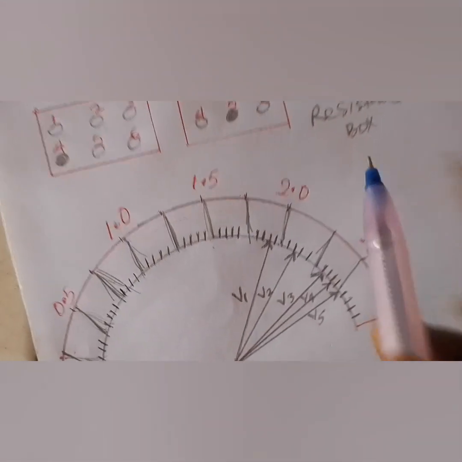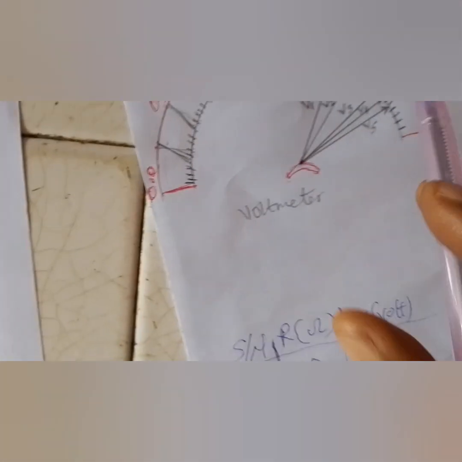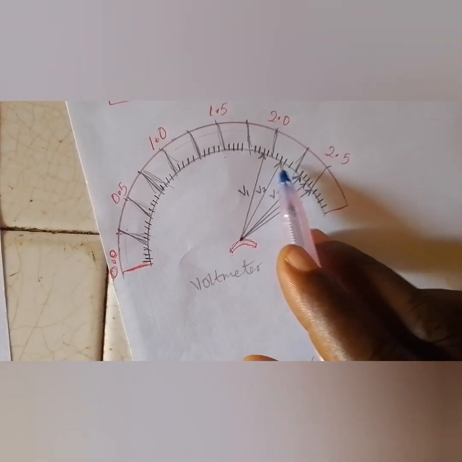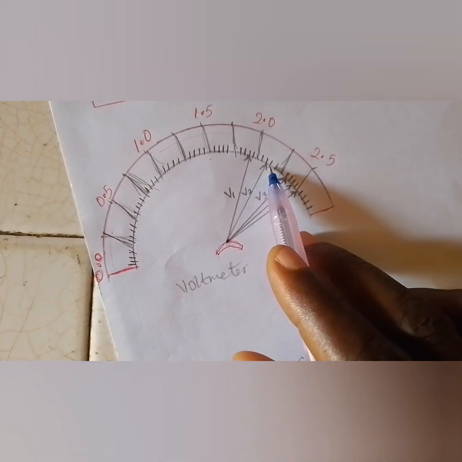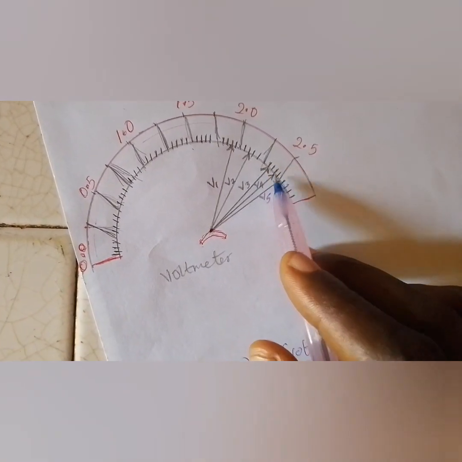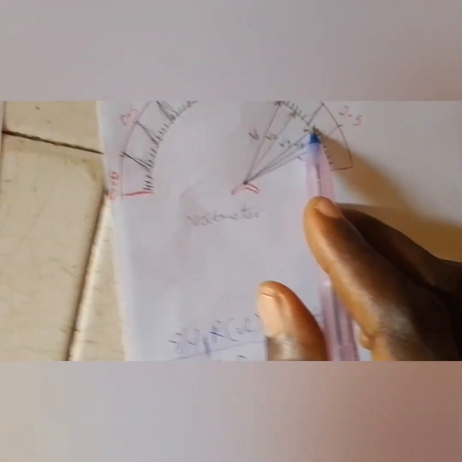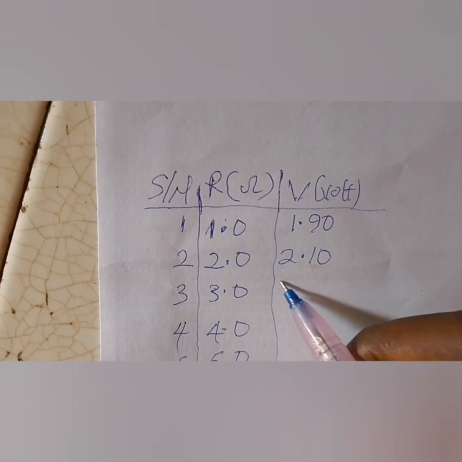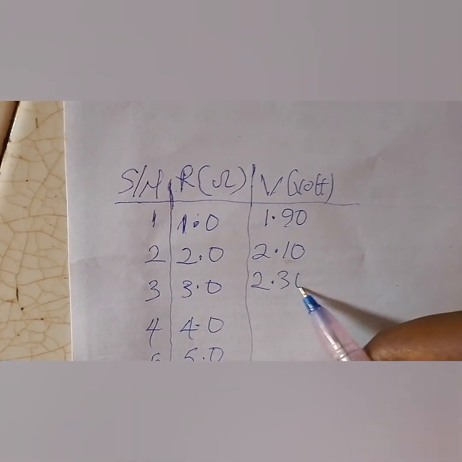The next one, this is 2.1, 2.2, 2.3. That's 2.3. Come here, record 2.30.